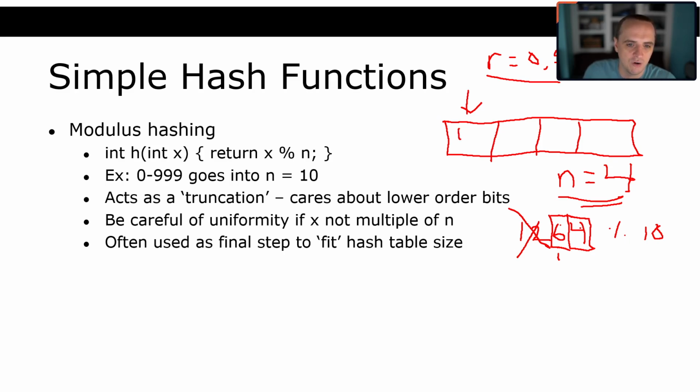Well, we've got 0 is going to be here, 1 is going to be here, 2 is going to be here, 3 is going to be here. We're just modulating 4. 4 is 0 mod 4, and 5 is 1 mod 4, okay? So we've got double the number of hash values going into slots 1 and 2 than we have going into slots 3 and 4.